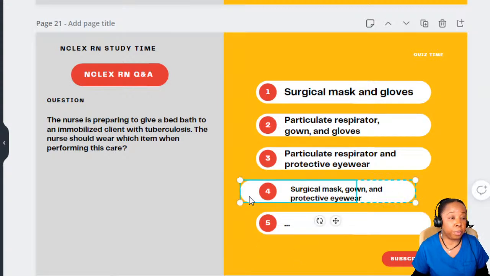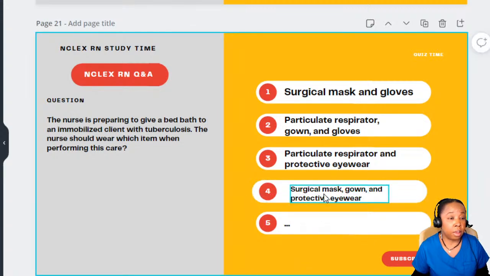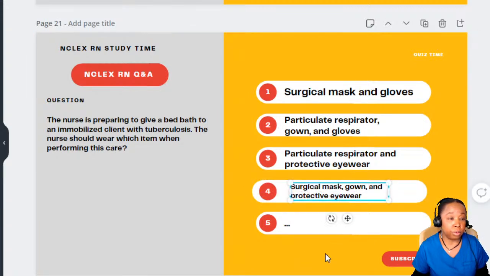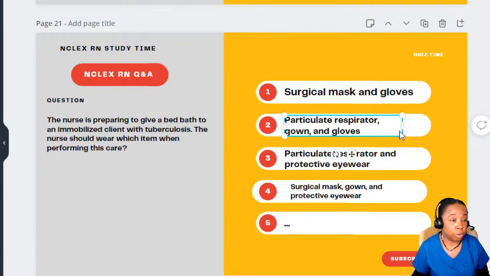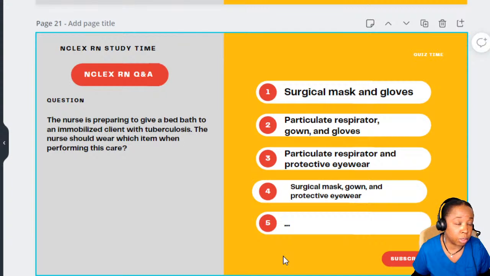You know, TB patients are airborne. So that's a clue. The answer is: to take care of a TB patient, the nurse will need to wear an N95, what we call a respirator.